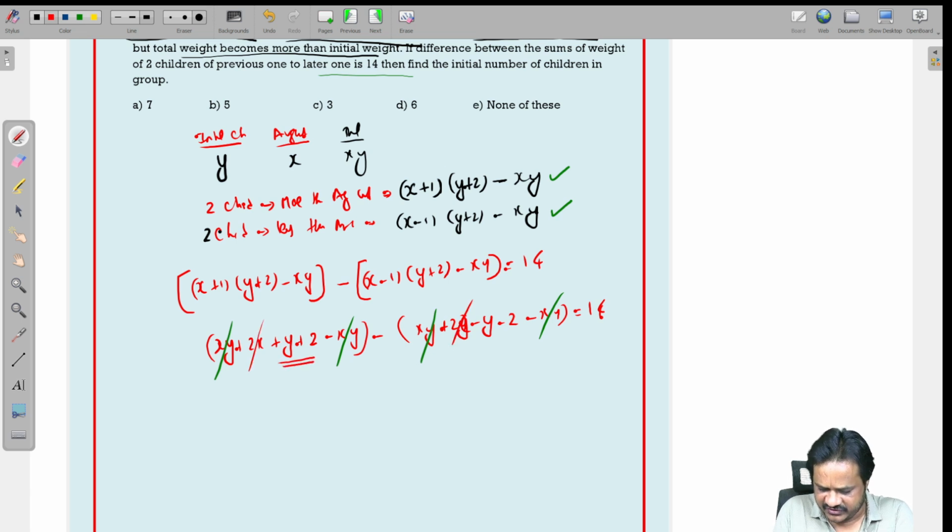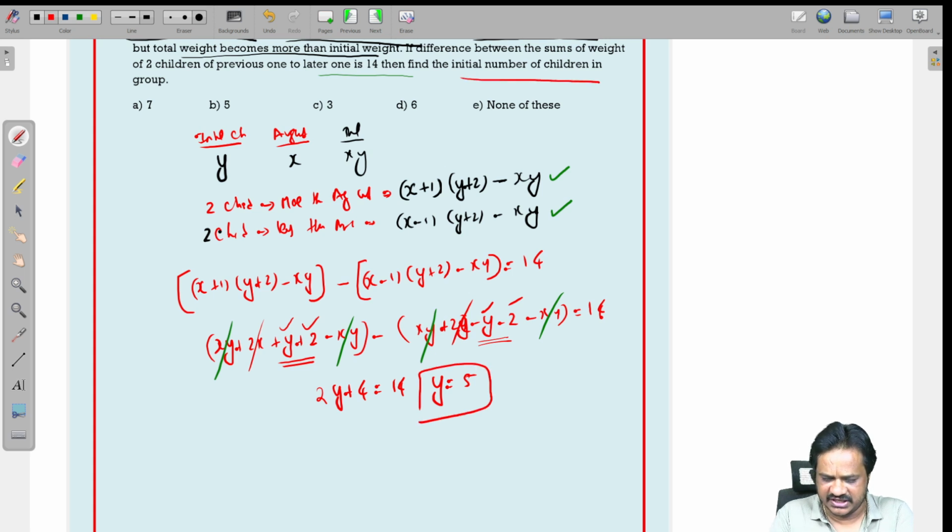You are left with y plus 2 minus of minus y plus 2. Therefore, 2y plus 4, because it is y plus 2 here also y plus 2. So 2y plus 4 is 14. 2y is equal to 10. The y value will be 5.